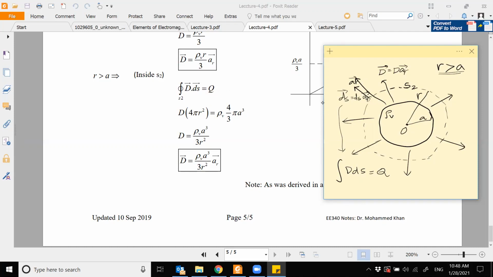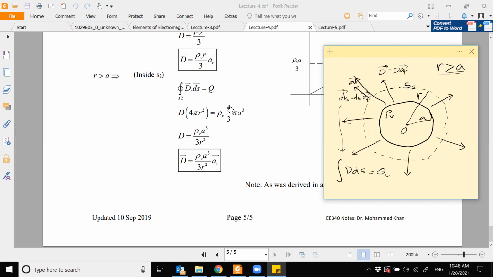Charge enclosed. So what will be the charge enclosed inside this Gauss surface? The charge enclosed is nothing but the total charge Q which your sphere is carrying. And what will be the total charge Q? It's the volume charge density multiplied by the volume of your sphere.